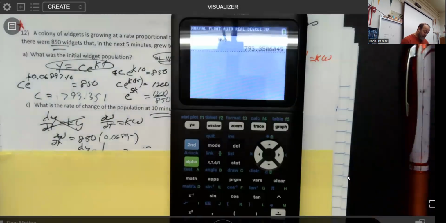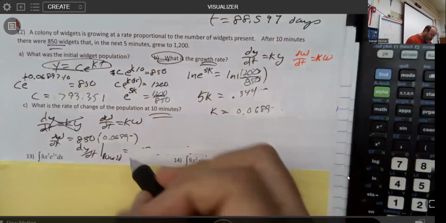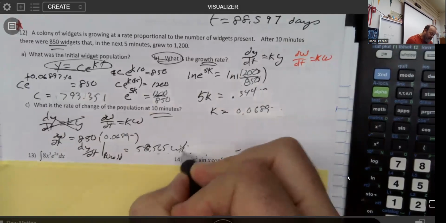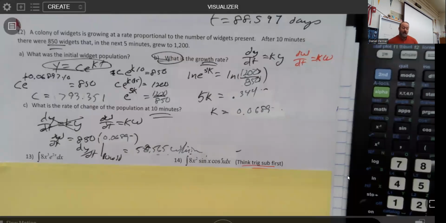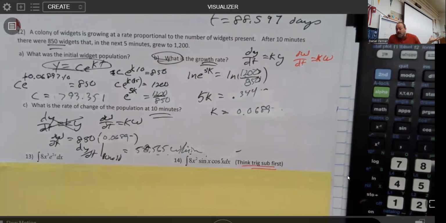And so if I take that 0.0689 number and multiply it by 850, it should be 58.565 widgets per minute. That's how fast it is growing at that particular moment. Now, if I had taken the derivative of my master equation, I would get the same thing. It just would have been a lot more effort because I already have a differential equation that talks about the rate of change of the widgets.